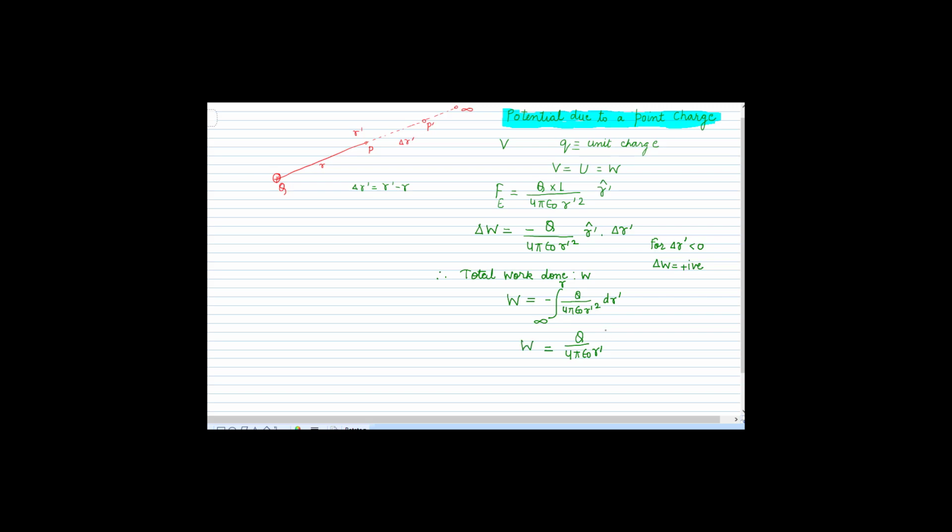And if you want to put the limits, the limits will be from infinity to R. So just put the limits on this R dash. If it is infinity, then that becomes 0.